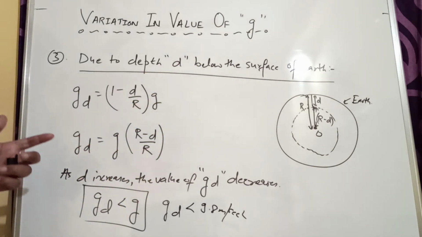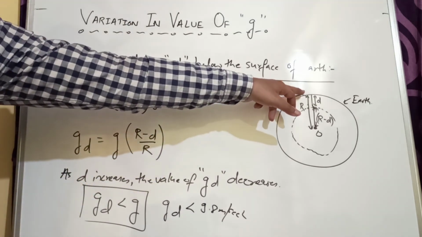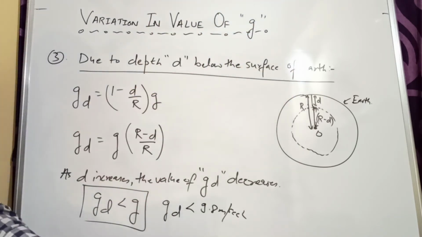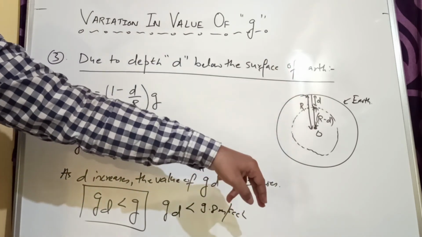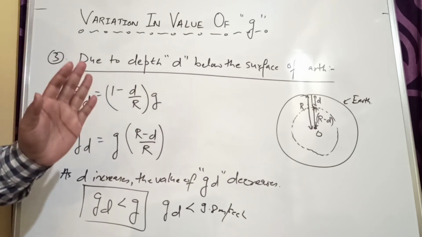So the conclusion is that the value of small g is 9.8 at the surface of Earth, and if we go above the surface of Earth, the value of g will decrease, or if we go below the surface of Earth, then also the value of small g will decrease. Clear?